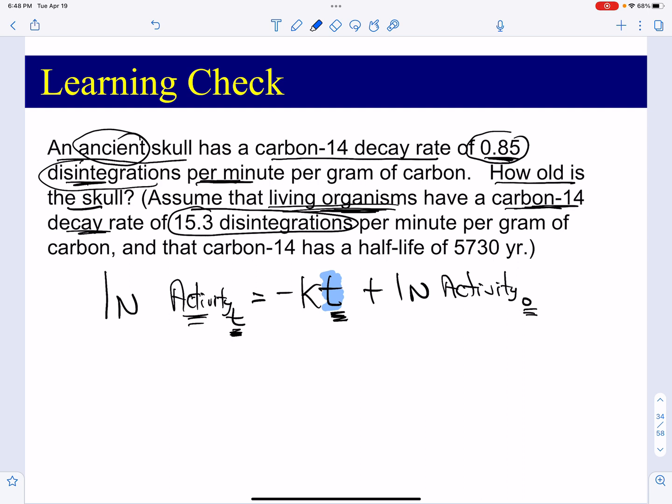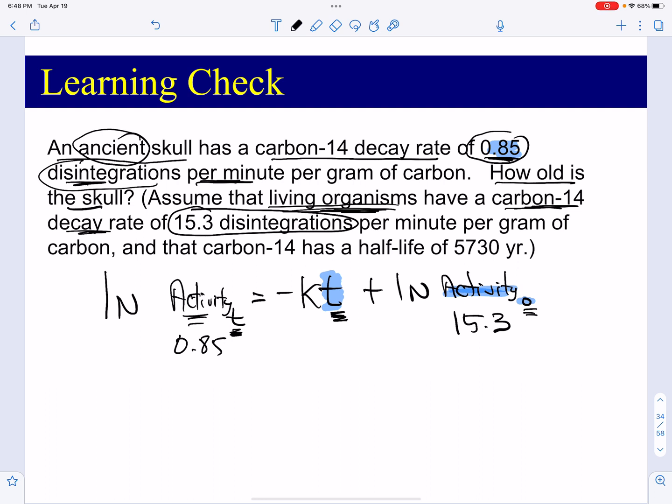The initial activity is 15.3 disintegrations. The moment the skull was found, the activity was down to 0.85, so that's the activity at the given time.